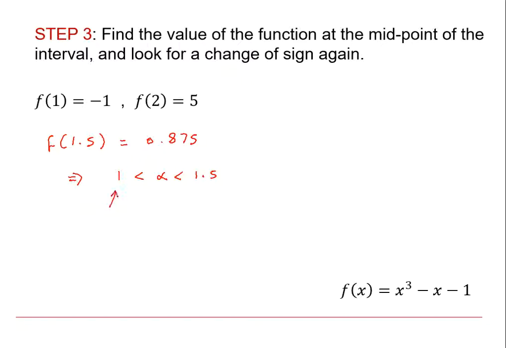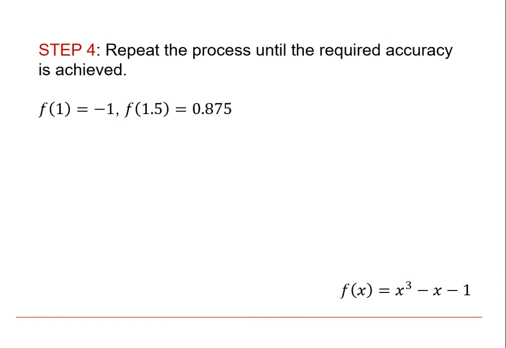So at that end we've got f of 1 equals minus 1, and at that end we've got f of 1.5 is 0.875. So that gives us a change of sign. And then we just carry on in the same fashion.